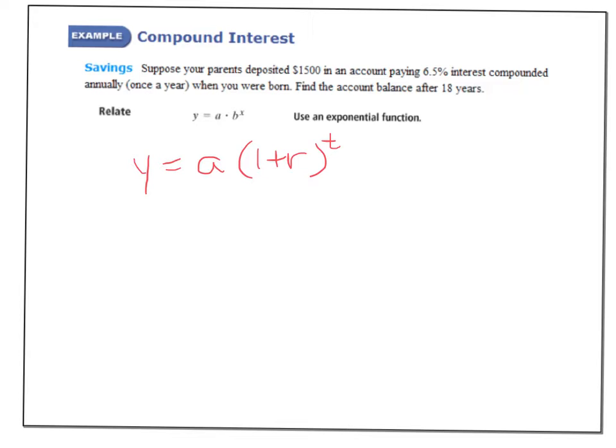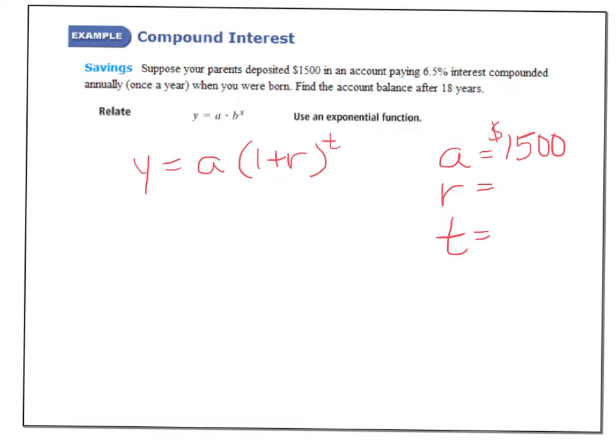So we're going to need to figure out what a is, what r is, and what t is in the word problem. Remember, a is your initial value, so how much money did you initially put in the bank? Well, that's the $1,500 from the parents. And the account pays you 6.5% interest.